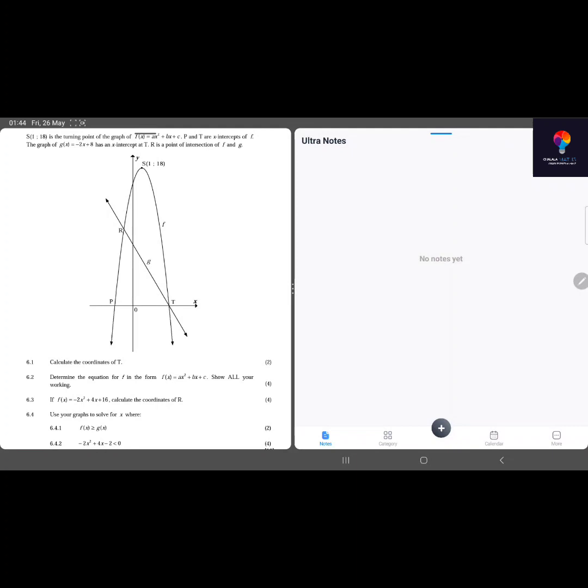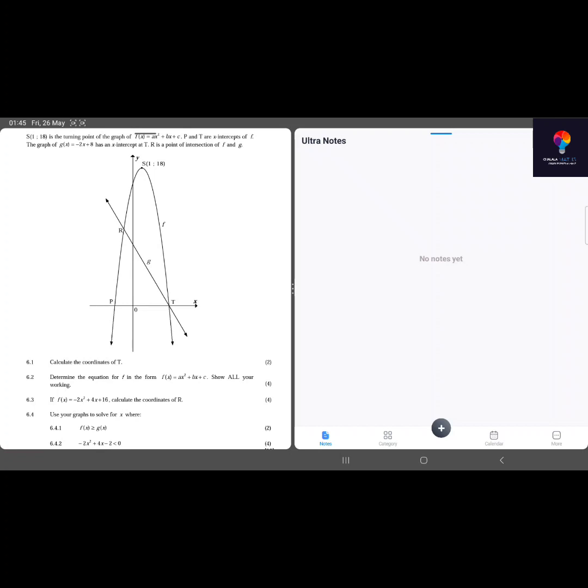Question 6.4 says, use your graphs to solve for x where f of x is greater than or equal to g of x, and you also have to solve minus 2x squared plus 4x minus 2 is less than 0.